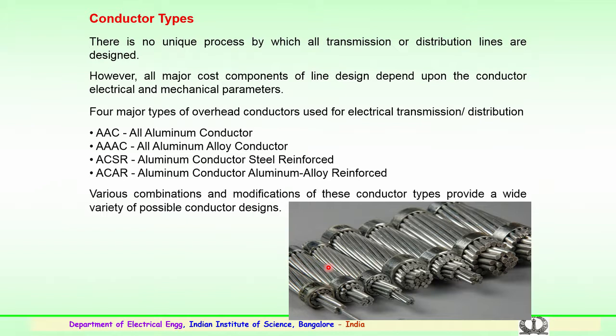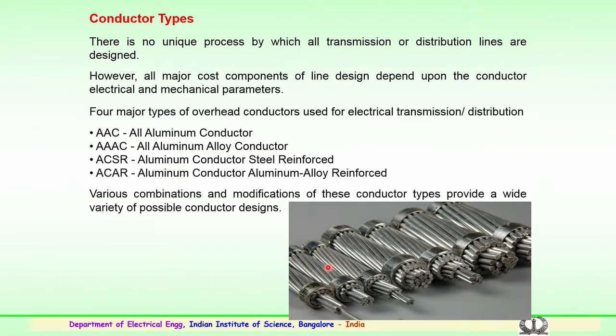Then ACSR is aluminum conductor steel reinforced, with a steel conductor in the middle, and ACAR, aluminum conductor aluminum alloy reinforced. So, these are the 4 major types of overhead conductors which are in existence over a period of time.